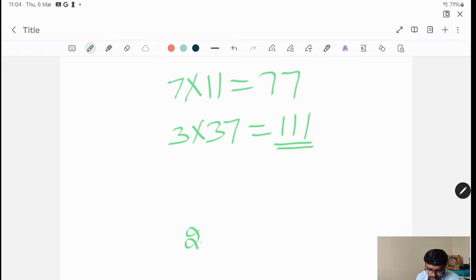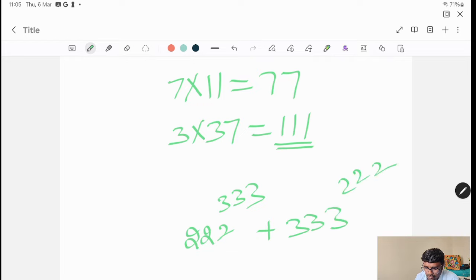2024 question: 222 whole power of 333 plus 333 whole power of 222 is divisible by which of the following numbers? This is exactly the 2024 question. If you see the number, it is not easy to get which number divides it. It is not that easy, and you can't check it by simply testing 2 or 3.